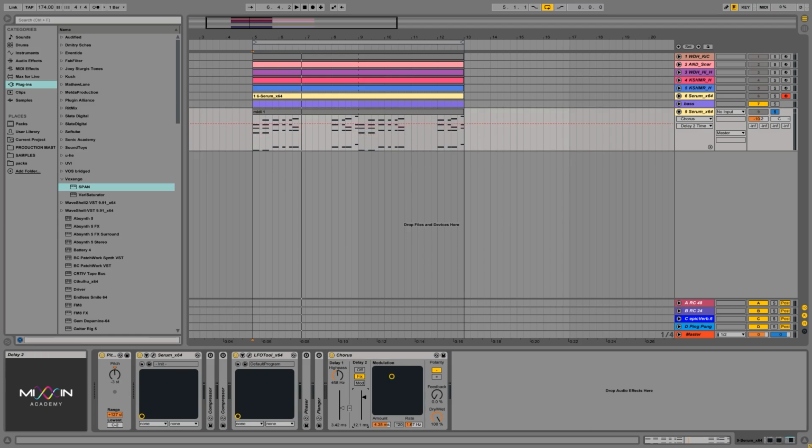Now we have two delays inside of this chorus, meaning that we are actually producing two voices added on top of the original one. And we also have the feedback and we have the polarity for that feedback.